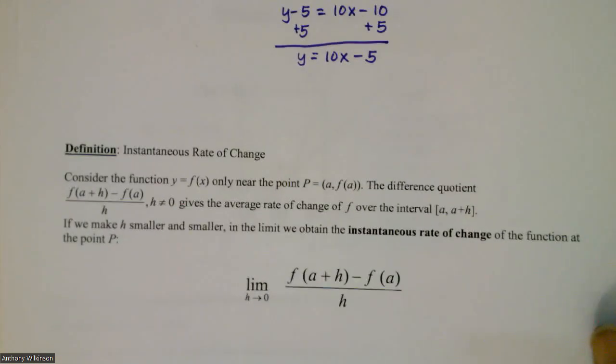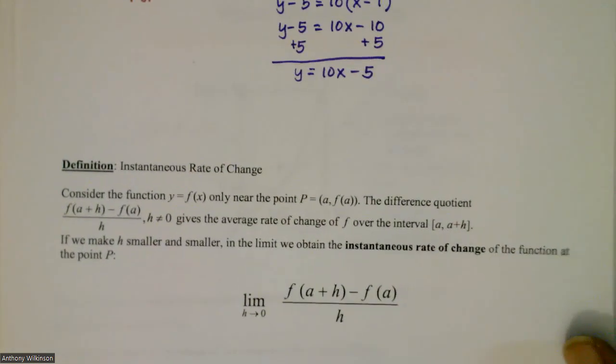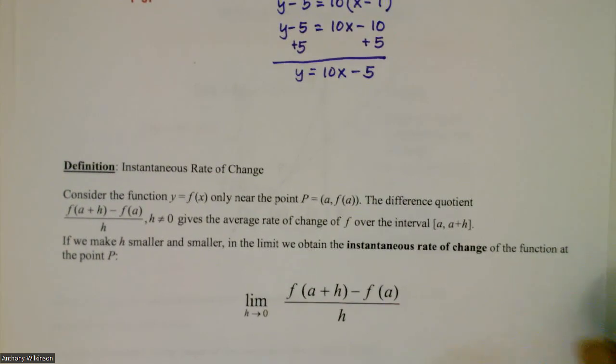All right, now let's talk about the definition of instantaneous rate of change. Here we're going to consider the function y equal f of x only near the point P with the ordered pair a comma f of a, with the coordinates a comma f of a.